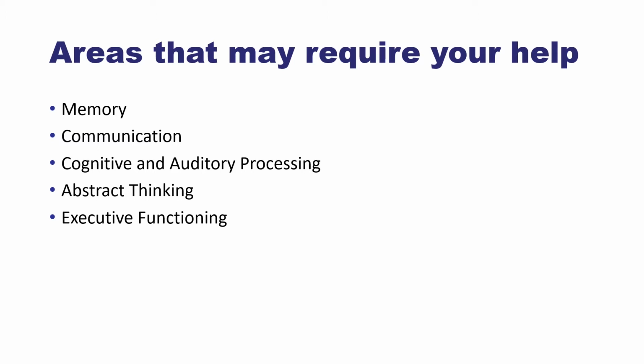So your child with FASD may not have all these performance areas affected and may not have challenges in all these areas. But what we'll do today is we'll go through these different areas and we'll talk about how these might be affecting your child's life, what your child's strengths might be in these areas, and finally we'll talk about how we can start helping your child right now in these areas.